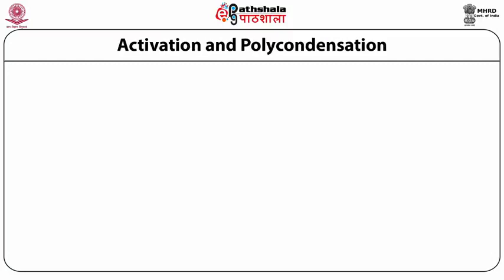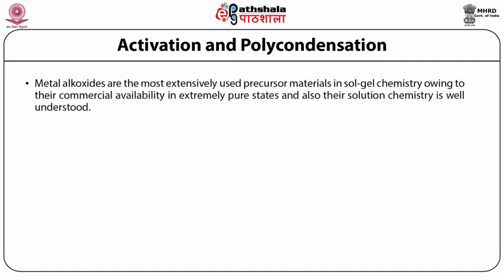We next discuss the activation and polycondensation. Metal alkoxides are the most extensively used precursor materials in sol-gel chemistry owing to their commercial availability in extremely pure states, and also their solution chemistry is well understood.